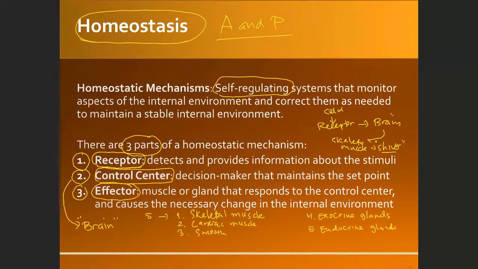So this response produced by the skeletal muscle, which is shivering, will increase body temperature and make our body stay within normal body condition. This is what we call the action in performing homeostasis. And the feedback that we have in this example is the negative feedback system.